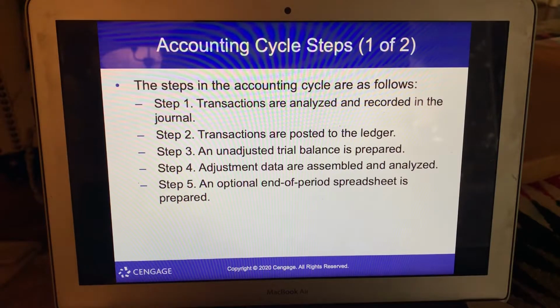So the accounting cycle, here are the steps, and I think in chapter 1 we talk about the accounting cycle. Transactions are analyzed and recorded in the journal, transactions are posted to the ledger, and an unadjusted trial balance is prepared. Adjustment data are assembled and analyzed, and then an optional end-of-period spreadsheet is prepared.